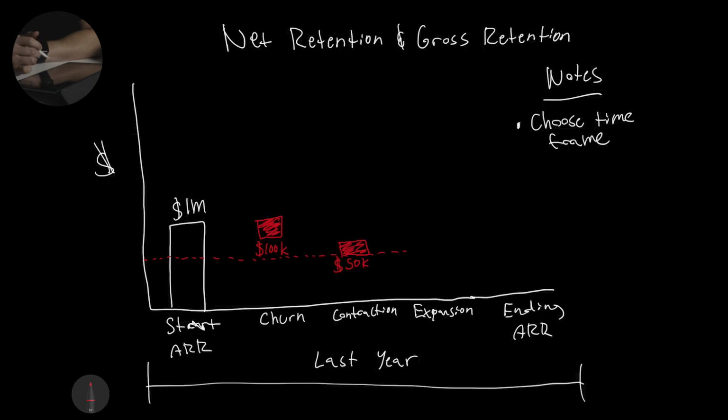This is actually going to be your gross retention rate. And it's going to be 85%. So of the starting ARR, you churned a certain amount, you contracted a certain amount, and what you're left with, so the total, you reduced the amount by 150K, so your remaining is 850K, or an 85% gross retention rate.